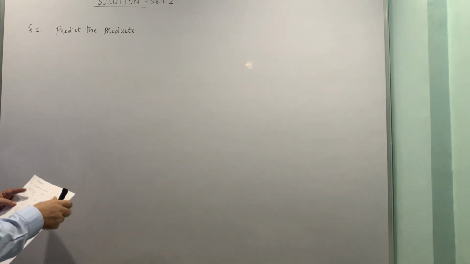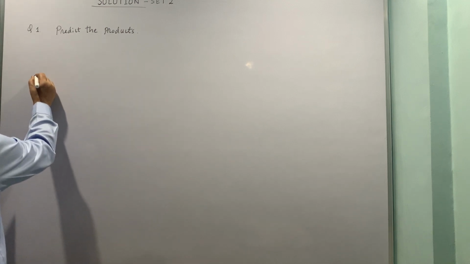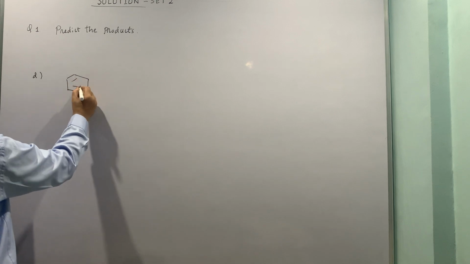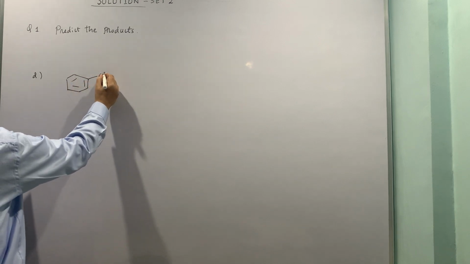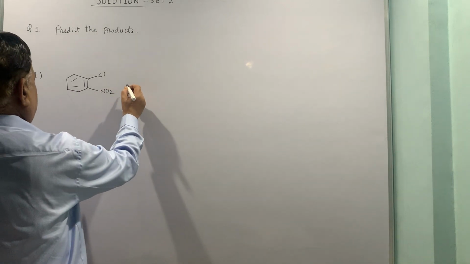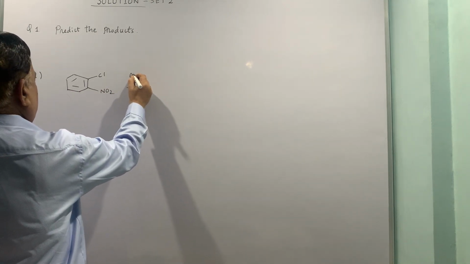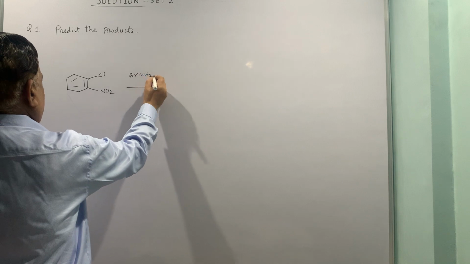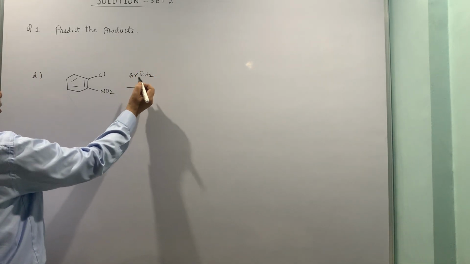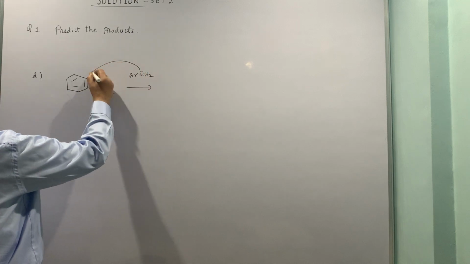Fourth example from this set was orthochloronitrobenzene treated with ArNH2. Now in this case, this aromatic amine is a nucleophile.